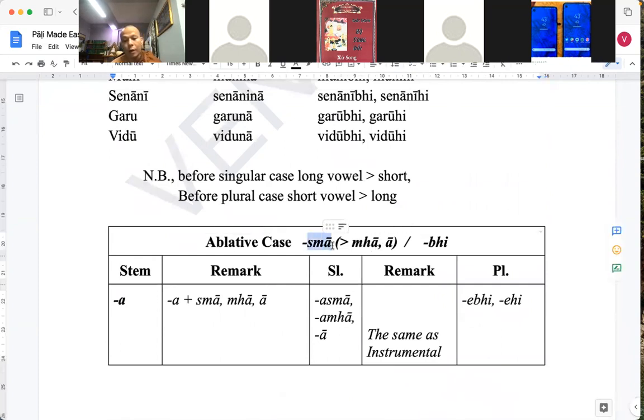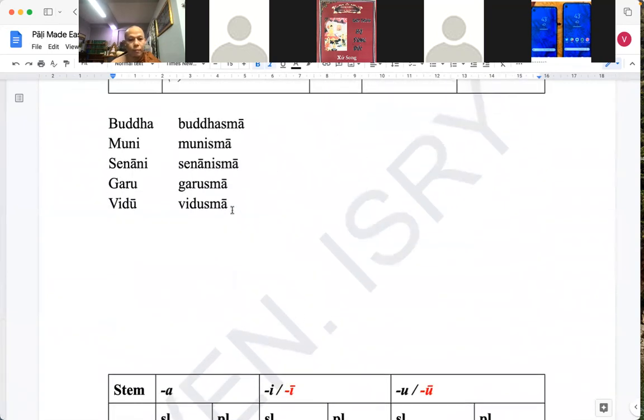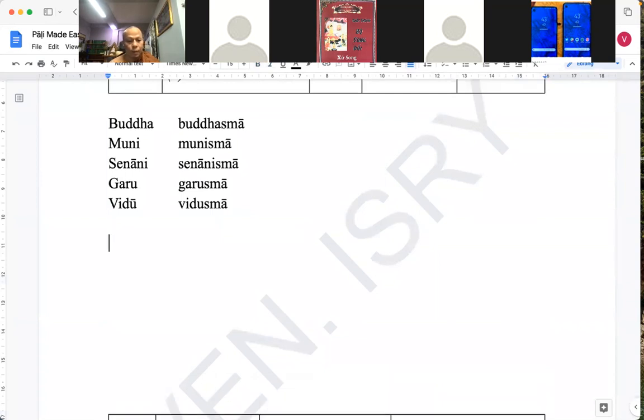And here you see, sama is the primary form, but we have the secondary form ma also. That one we also see while learning the verb forms. If we look at sama, firstly the sa changes to ha. So sa changes to ha.